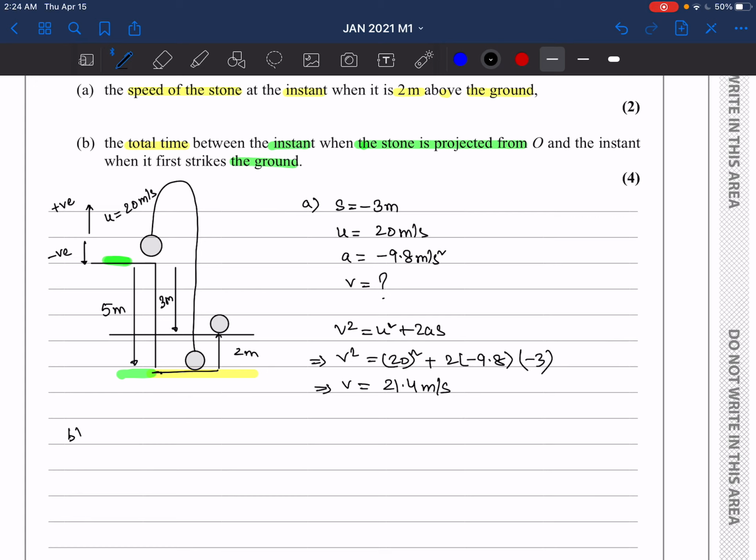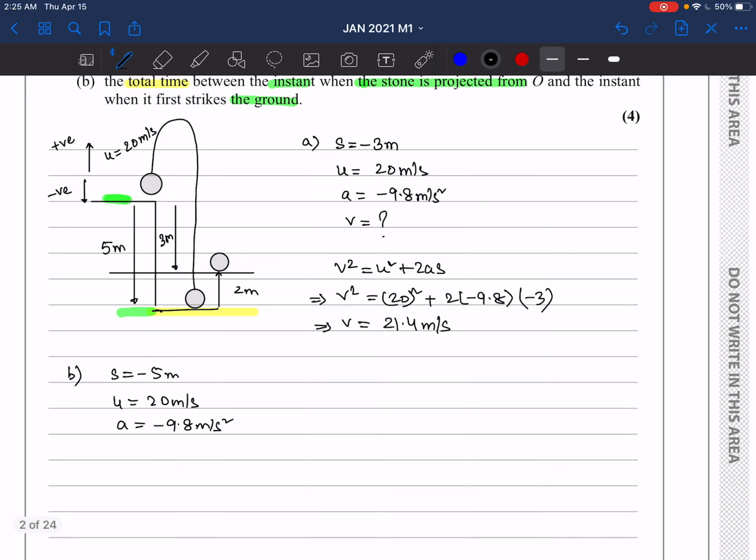So for part B, our s will be minus 5 meters. Our u will be 20 meters per second and a will be minus 9.8 meters per second squared.